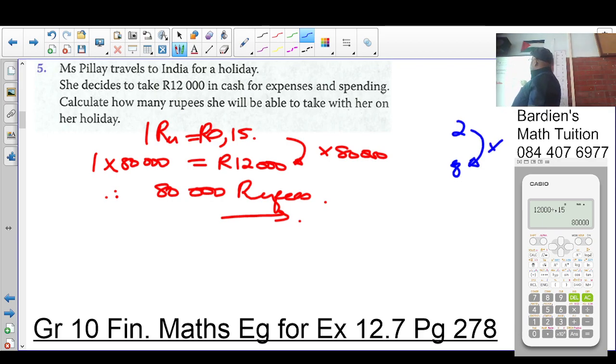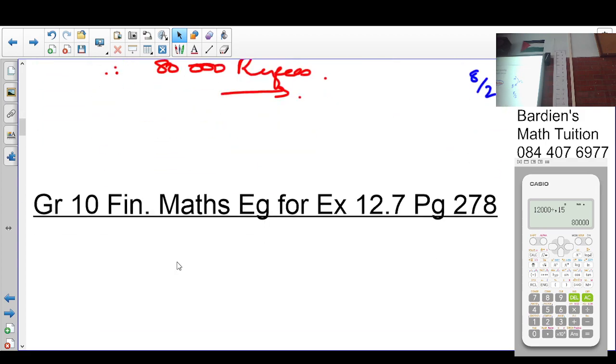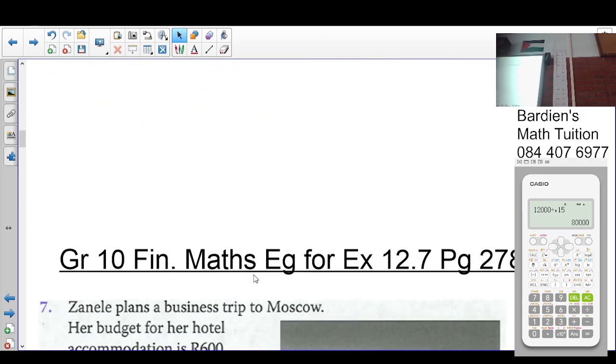Not so. How do you get 4? I said 8 divided by 2. So, how do I get this value? I say 12,000 divided by 0,15 gives me 80,000. You understand? Anything else? Let's carry on.